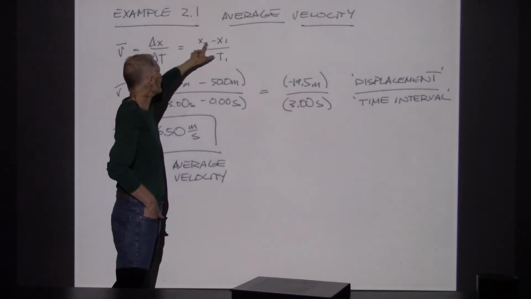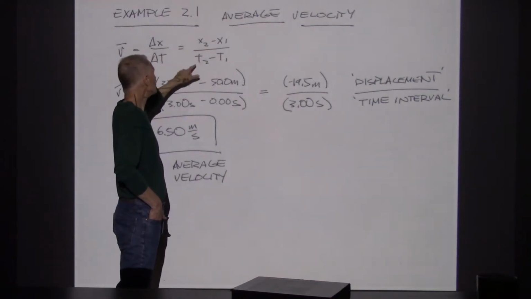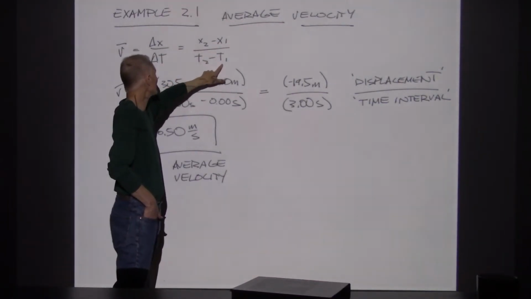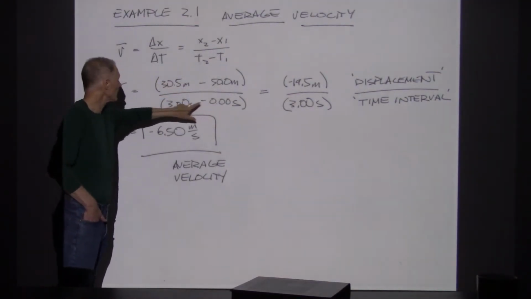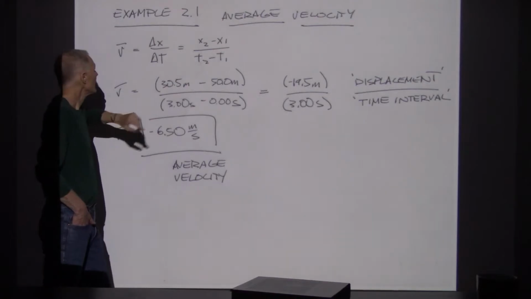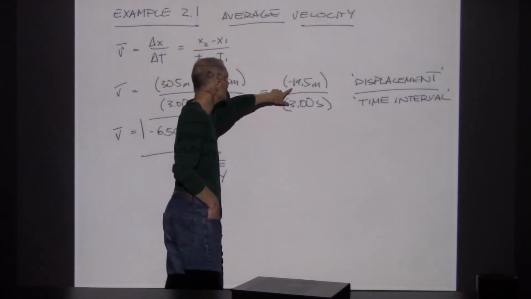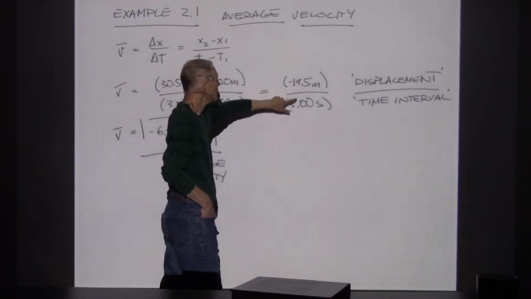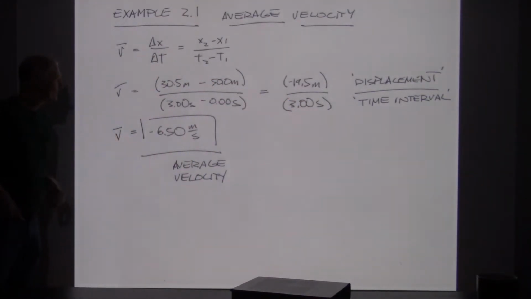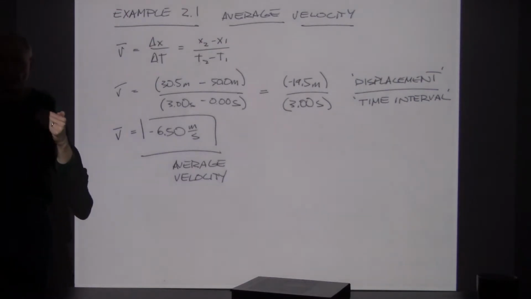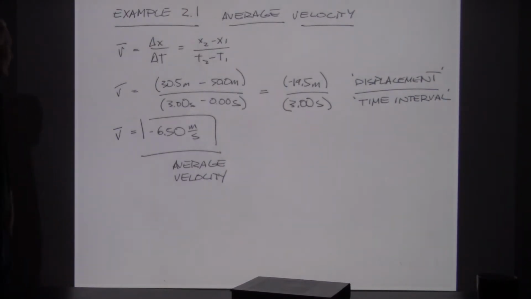I can write that as x2 minus x1 over t2 minus t1. So I called t1 0 seconds and t2 3 seconds. Anyway, the displacement worked out to be negative 19.5, and 3 seconds was the time interval. I can divide those. This says that the average velocity is negative 6.50 meters per second.